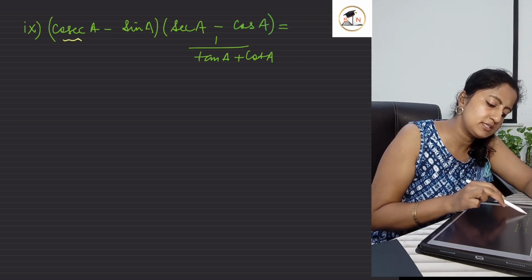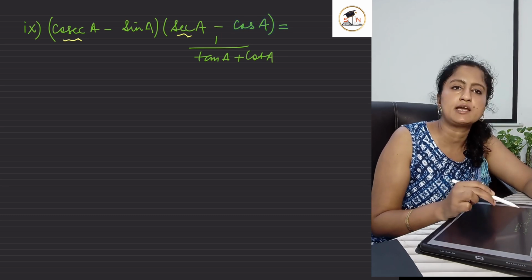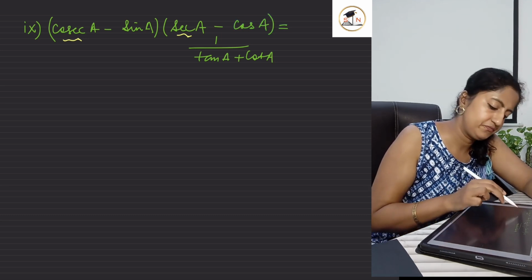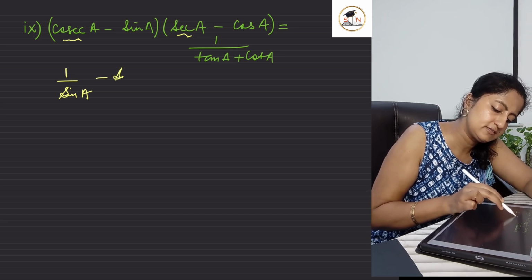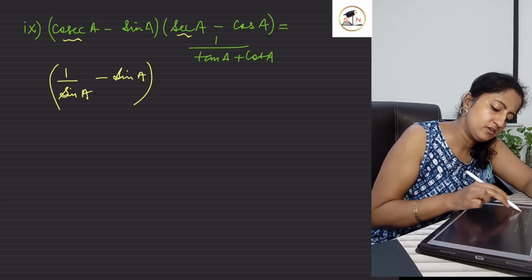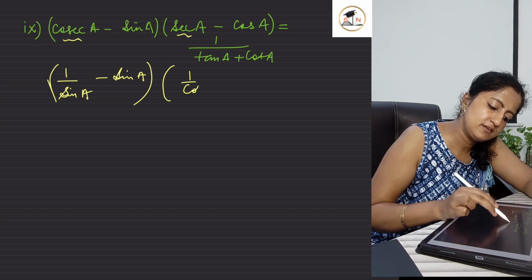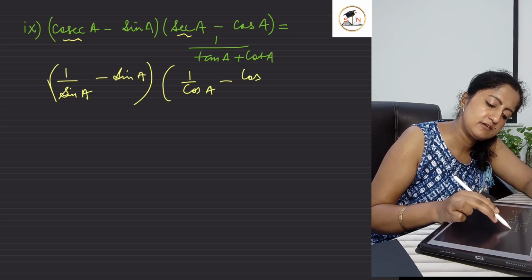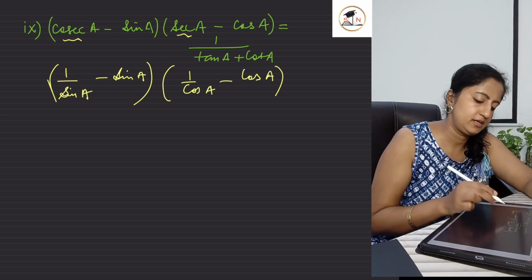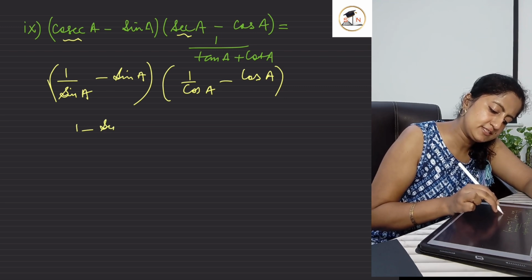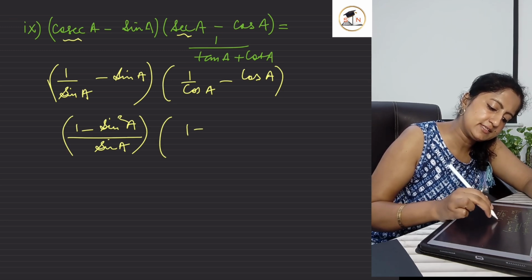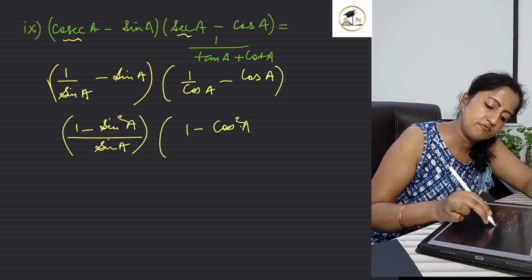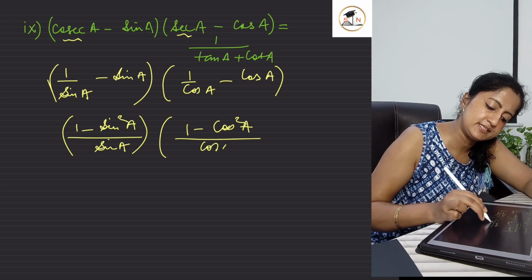First, I'm going to convert this cosec and sec into sin and cos respectively. (1 over sin A minus sin A)(1 over cos A minus cos A). Okay, what do we get? 1 minus sin square A over sin A, taking up the LCM in the first bracket. In the second bracket also similarly, 1 minus cos square A by taking up the LCM.